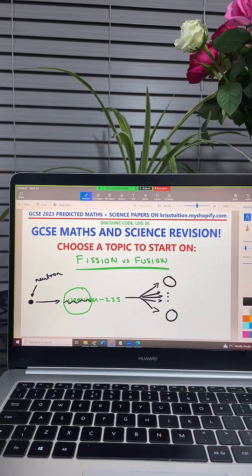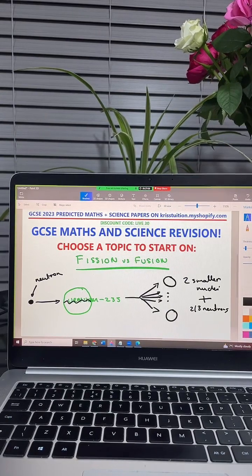We've got a neutron fired at a uranium-235, large nucleus. This nucleus then splits into 2 smaller nuclei, and 2 or 3 neutrons.